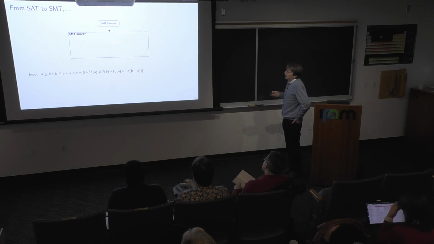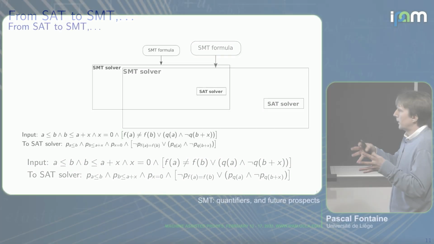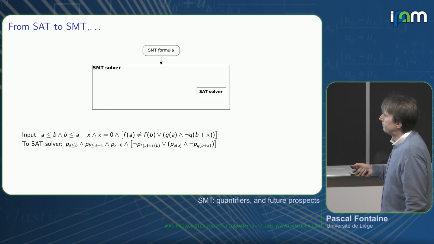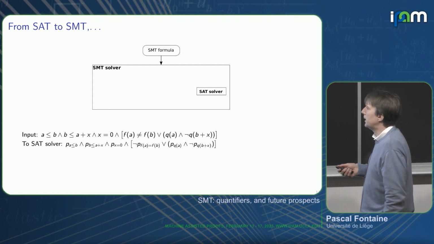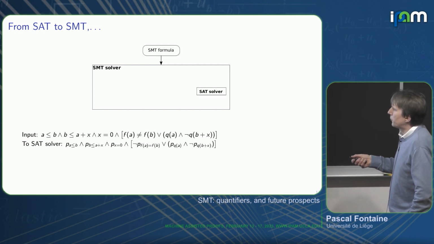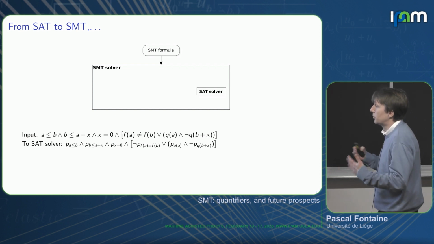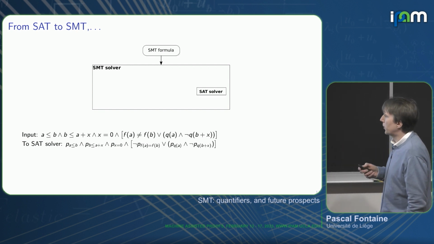What it does is give it to the SAT solver, but the SAT solver only reasons on things that are true or false. So every one of those things, like A smaller or equal to B, is encapsulated into variables that are true or false. That's why we denote them by P, A smaller or equal to B, and so on, for every one of those atoms. This is given to the SAT solver, and the SAT solver just has to give a truth value for each of those Boolean variables.